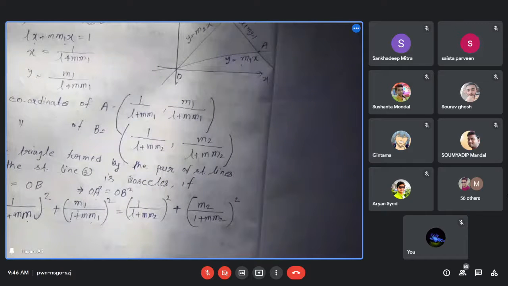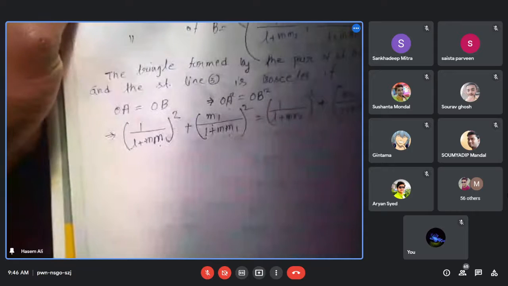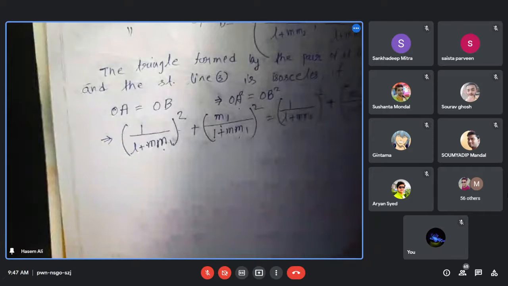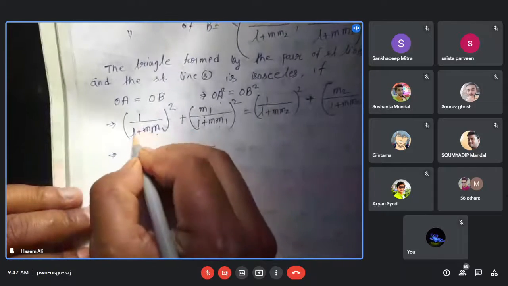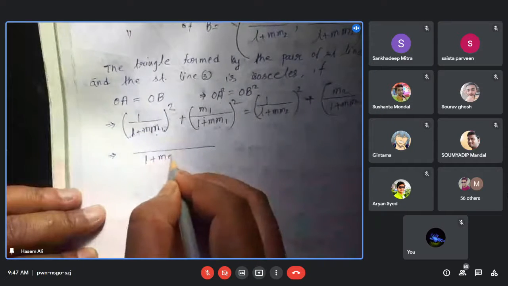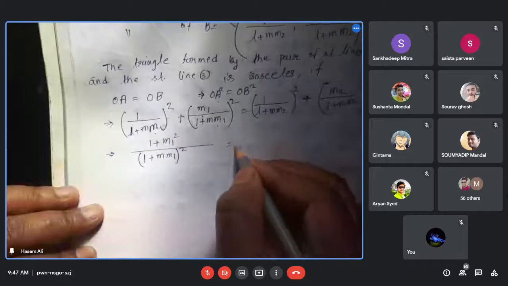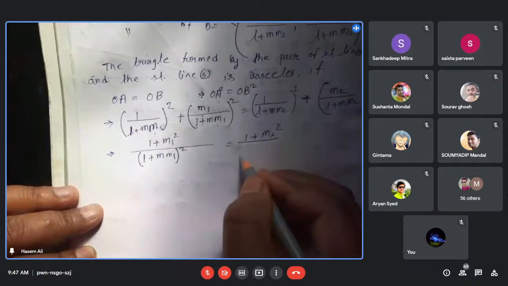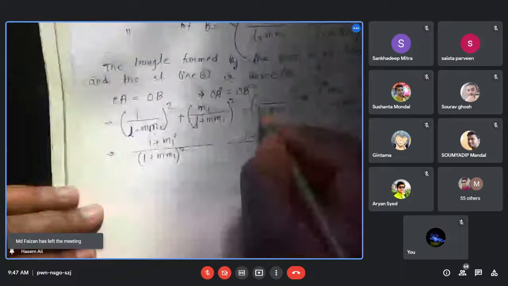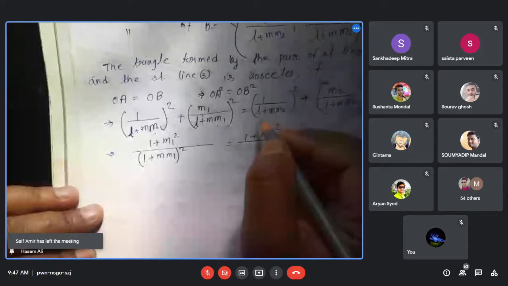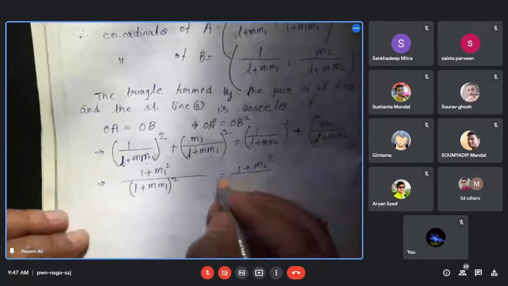Now this is L, not 1 or on. So 1 plus m1 square over L plus m1 square equals 1 plus m2 square over L plus m2 square. Yes, this is L.